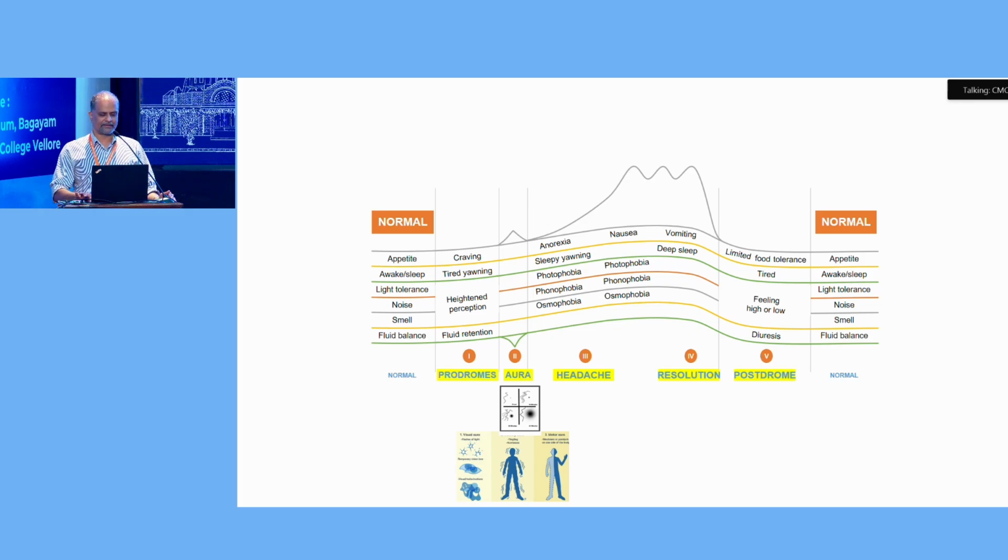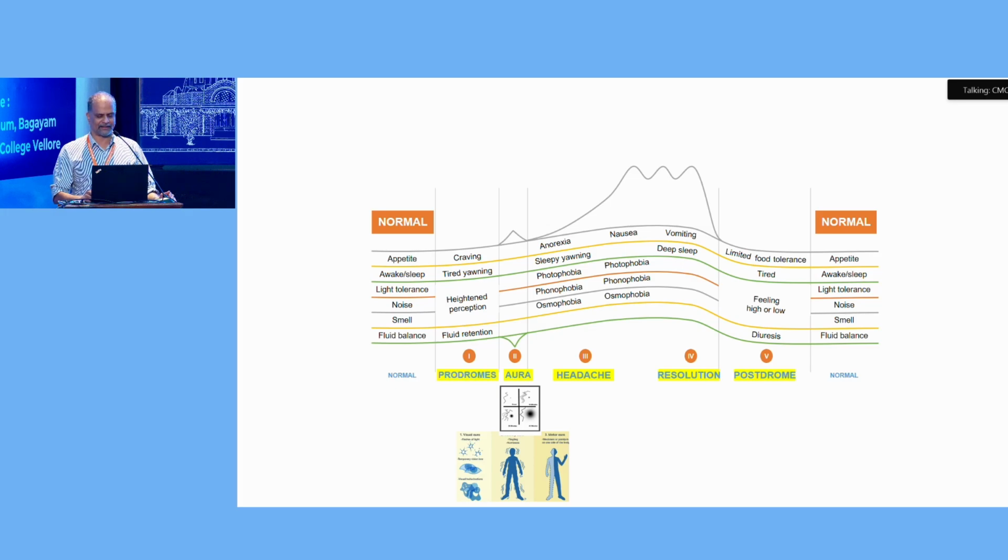Then you get to the stage of headache, and the headache will increase in severity, and usually during the headache they can have phonophobia, photophobia, and what you call osmophobia, which is sensitivity to smell. Then they go to the phase of resolution, where some of them go to sleep and wake up, and there is something called postdrome, where the patient is not fully himself or herself.